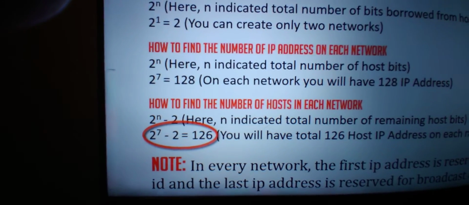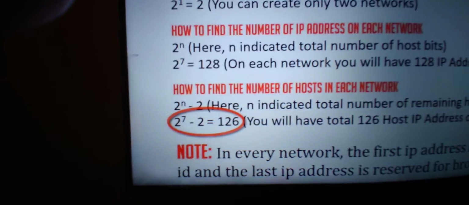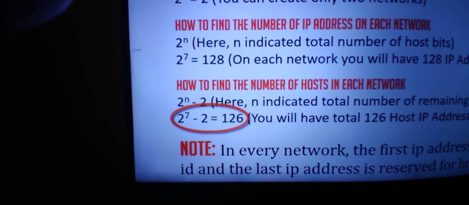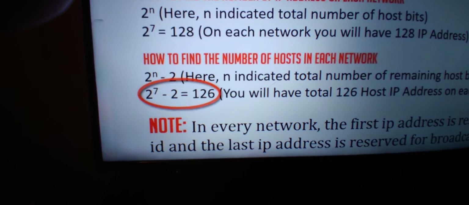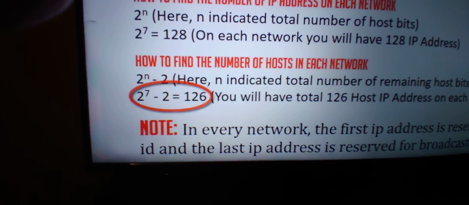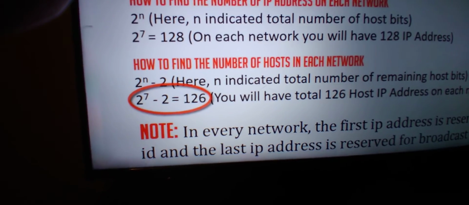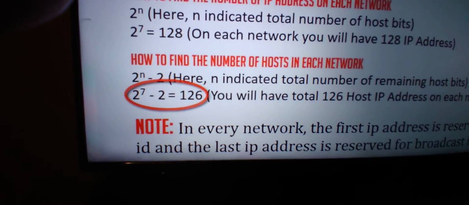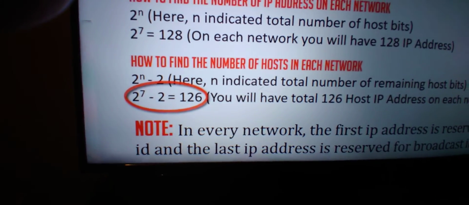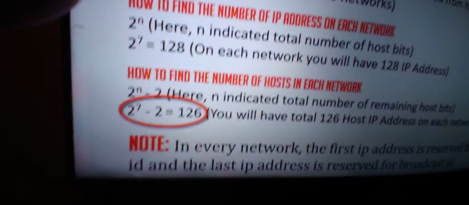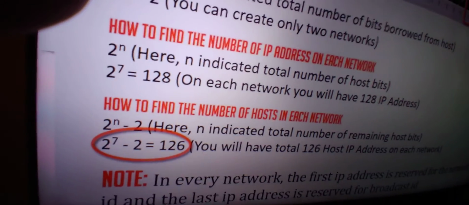So you're probably wondering, why do we have to do the minus 2? In every network, the first IP address is reserved for the network ID, and the last IP address is reserved for the broadcast address.